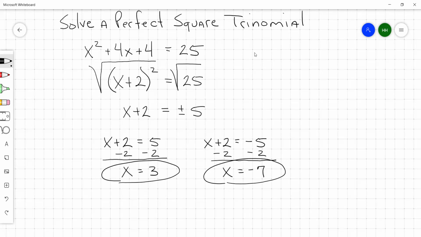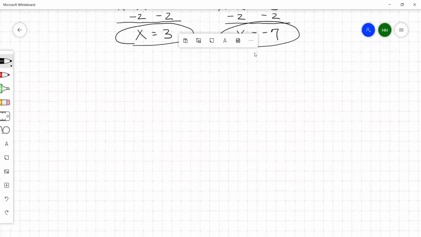All right, let's do one more of these. The key is to recognize these perfect squares. So we've got x squared minus 14x plus 49 equals 25.